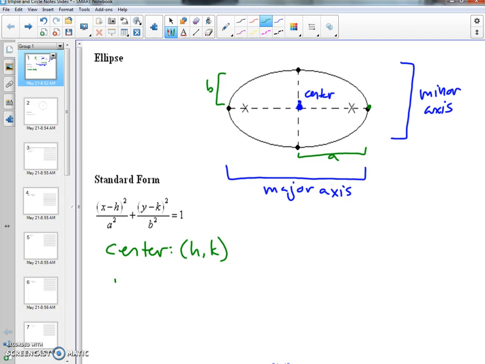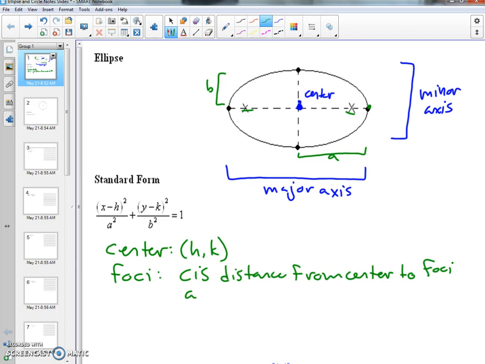We also have something on an ellipse called the foci, which is just the plural of focus, which are these X marks here on the graph. So c is the distance from the center to the foci along the major axis.